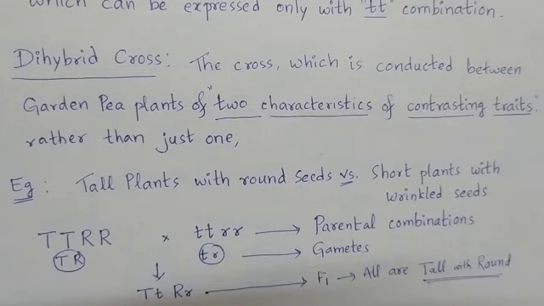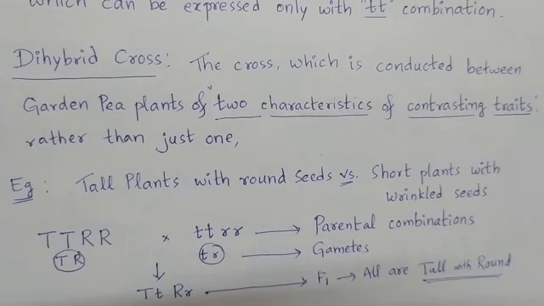Such a cross is known as a dihybrid cross. In definition, how you have to learn that dihybrid cross: the cross which is conducted between garden pea plants of two characters of contrasting traits rather than just one.